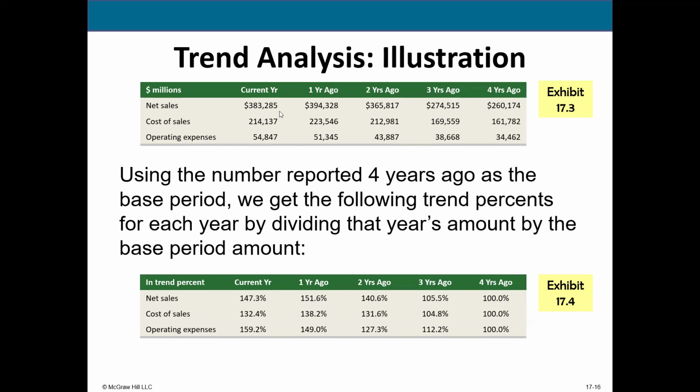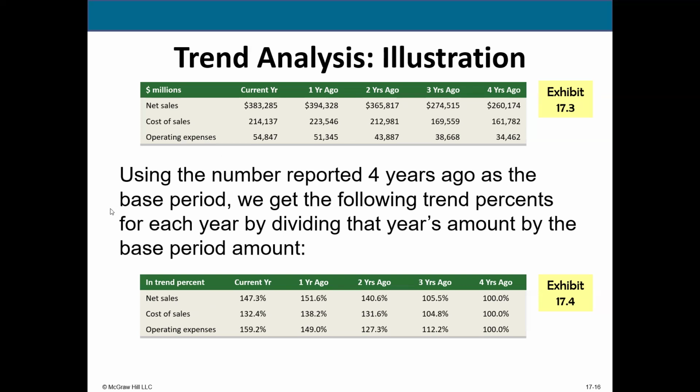And then current year, 383 divided by 260, 147%. The reason why we compute the trend analysis is to show us the overall changes over a larger period of time. That's the whole idea behind this.